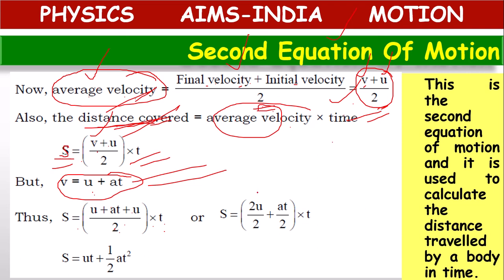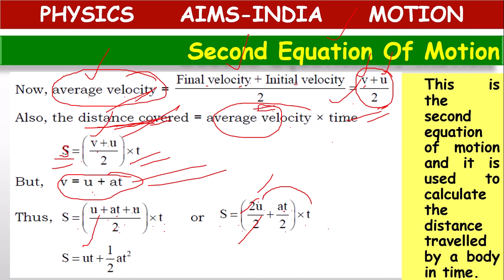So u plus u will become 2u. We can write separately: 2u by 2 plus at by 2, into t. So the 2 gets cancelled, s equal to u; if you multiply with t, ut.